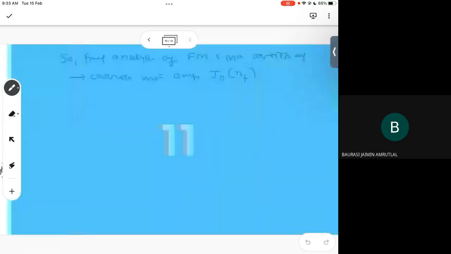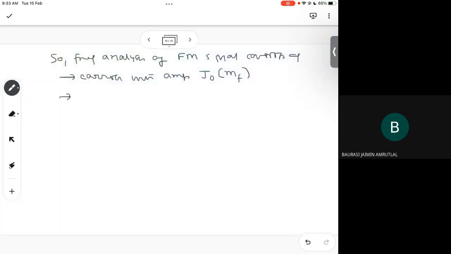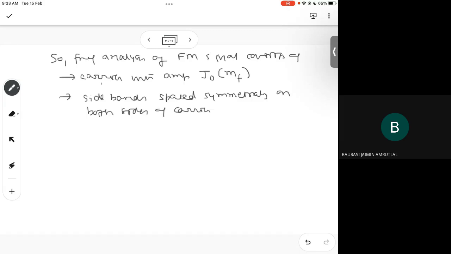And then we have sidebands spaced symmetrically on both sides of the carrier. So here we got the carrier with amplitude J0 MF, that is the first term.